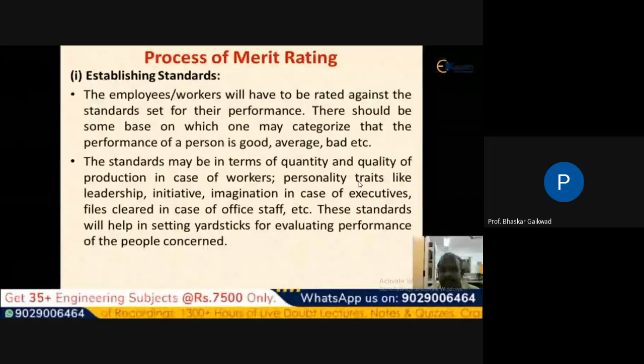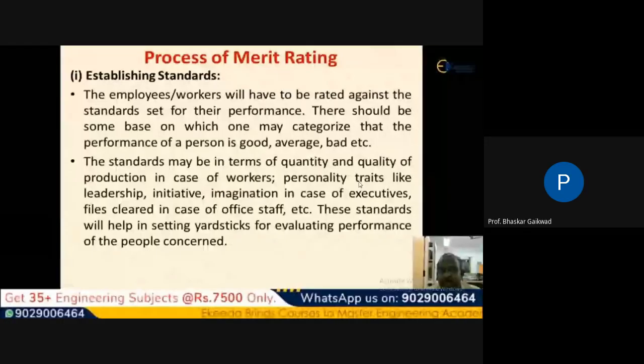So you are going to establish the standard for a job which is done by an average employee, and I am going to compare against this. This standard may be in terms of quality. In 1 hour, he is going to provide, say, 50 pieces. That is the standard number.